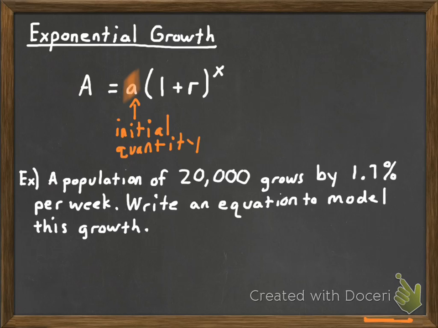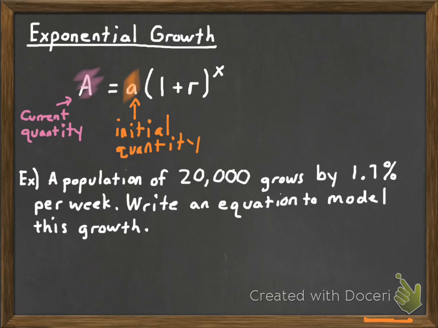Then you're using an equation that takes the initial quantity to figure out what a quantity is after a given amount of time. I'm going to label this capital A the current quantity.